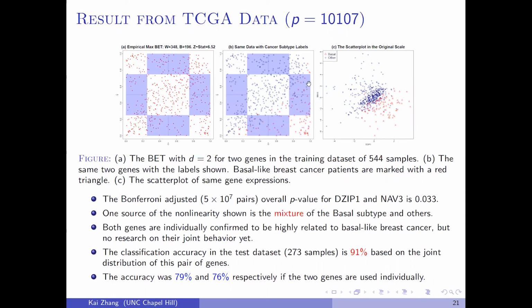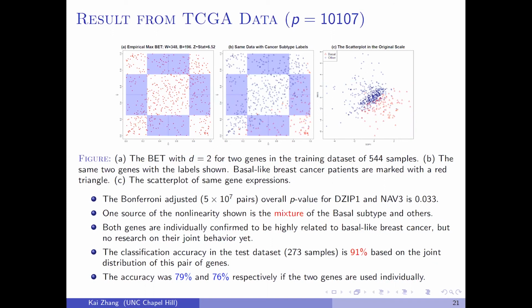We found that for patients of this basal type of cancer, these two genes behave quite differently from the rest of the data. And if we mix the subtypes together, we create this nonlinear pattern. With the BET, we can discover this pattern, and we can identify backwards these two interesting genes.